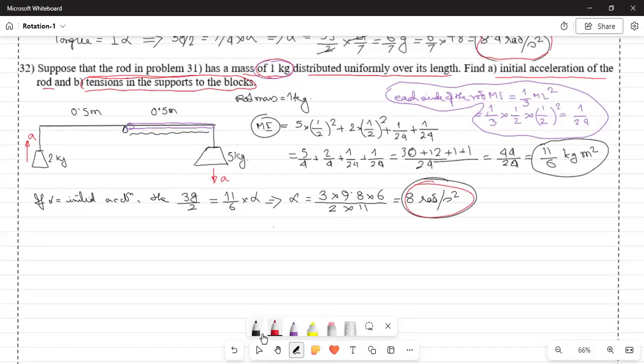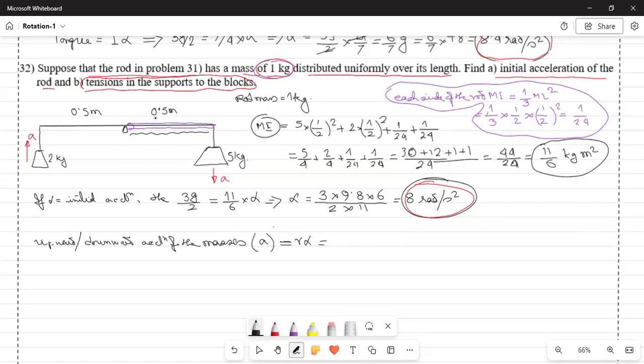This upward or downward acceleration of the masses we designate by A, linear acceleration. A is equal to R alpha, radius of rotation into alpha.